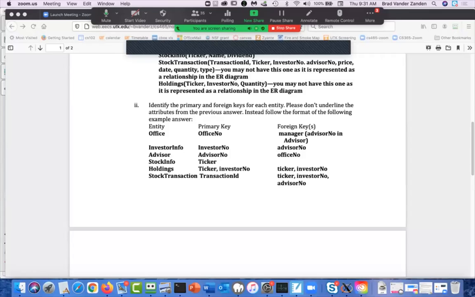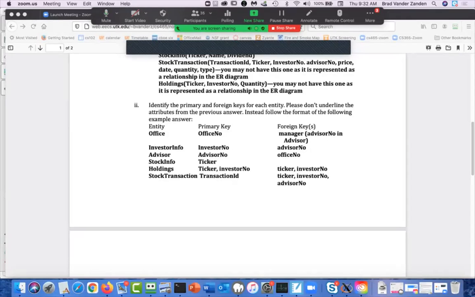Those are easier. For the holdings and stock transaction, most likely you would just say ticker and investor number. There's really no good reason to create an artificial key for a holding.